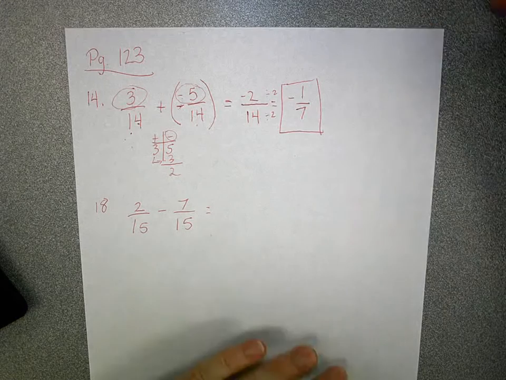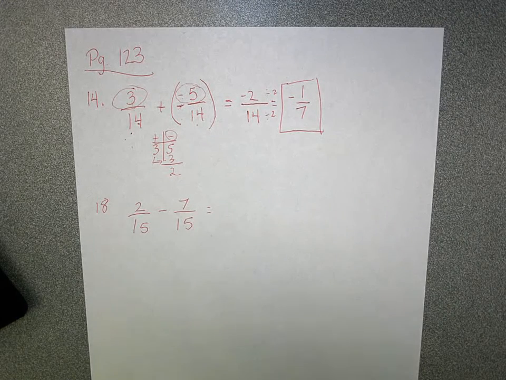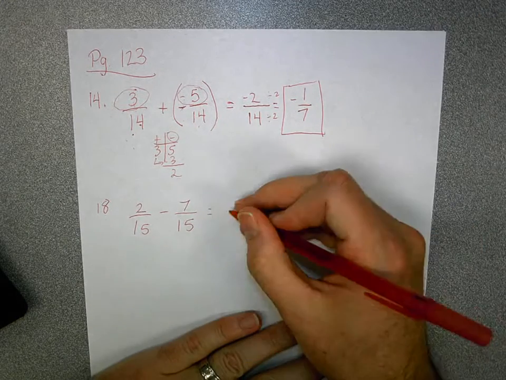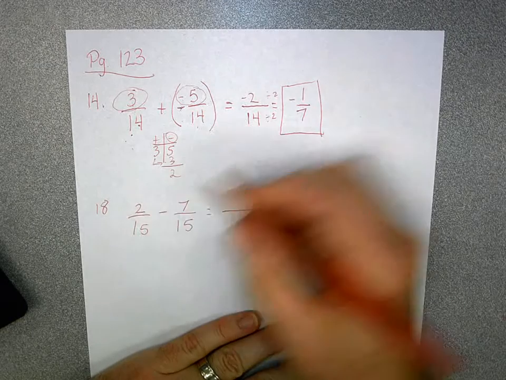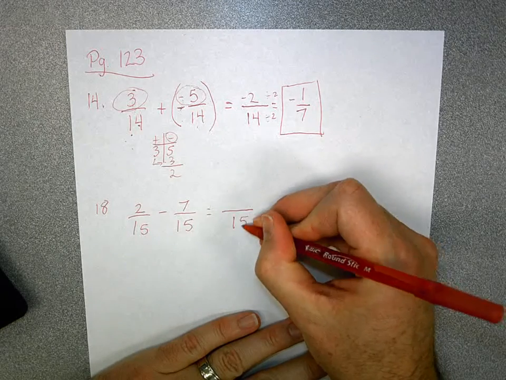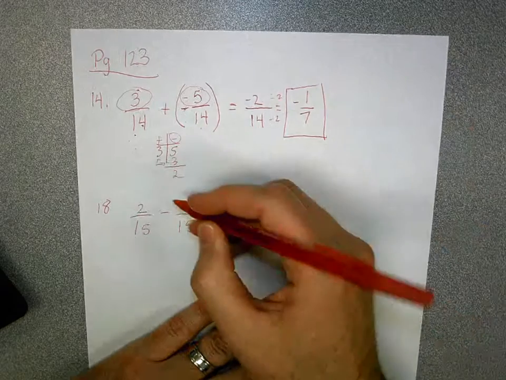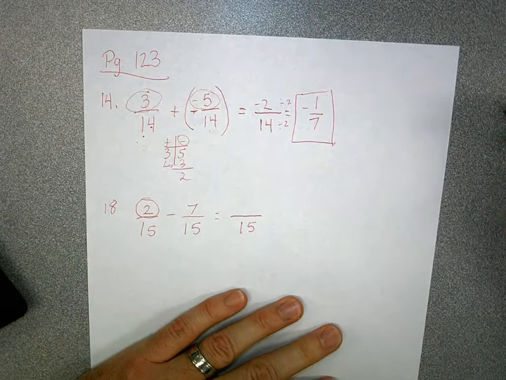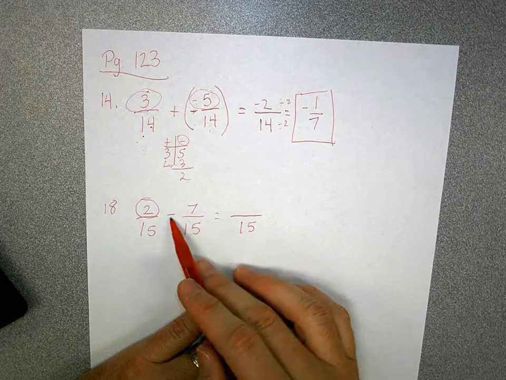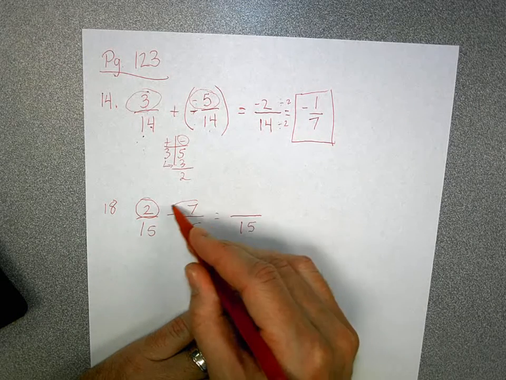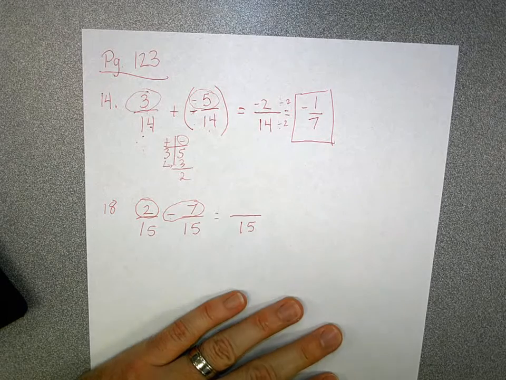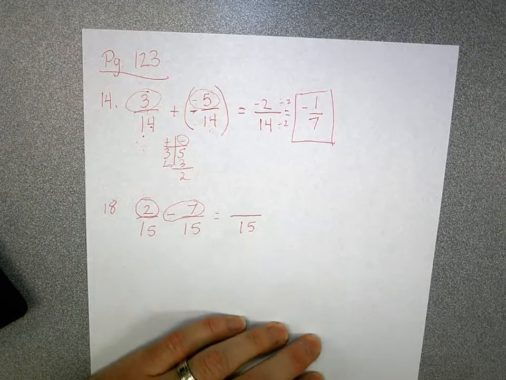Okay, so hopefully you guys realized, first of all, we are subtracting, but the denominator stays as 15. Remember, 2 is positive, but the 7, because it's subtraction, gives us a negative value. All right, so hopefully you remember that.